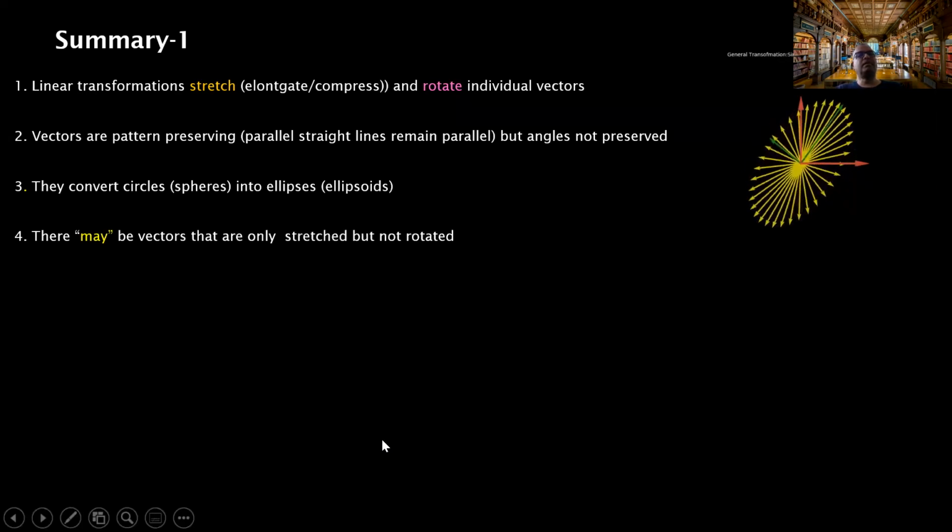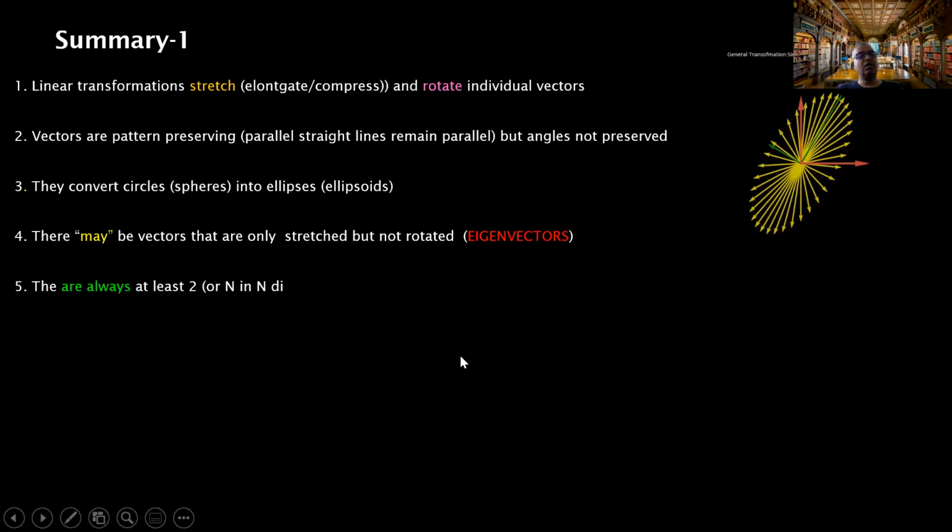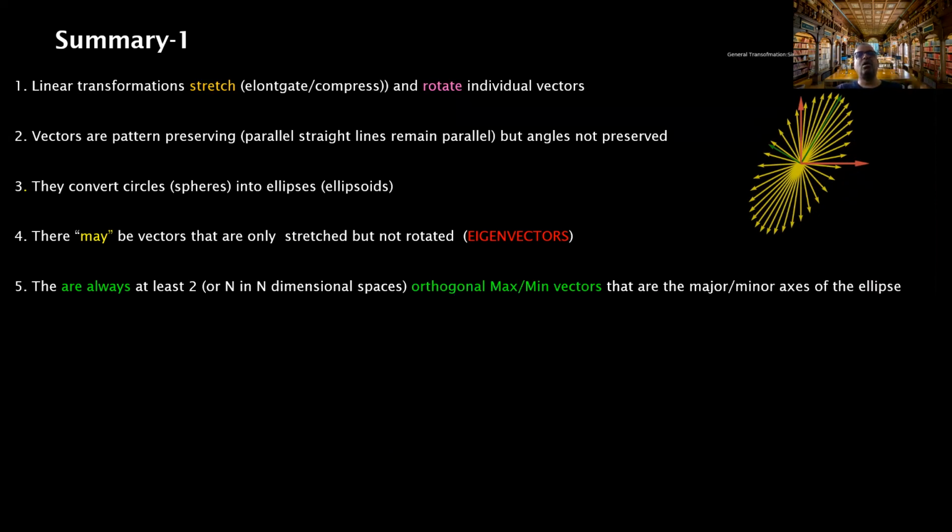There may be vectors that are only stretched but not rotated. If there are such vectors, they are called eigenvectors. There are always at least 2, or in n dimensions n, orthogonal minimum-maximum vectors that are the major and minor axes of the ellipse. So eigenvectors may exist, but min-max vectors always exist.